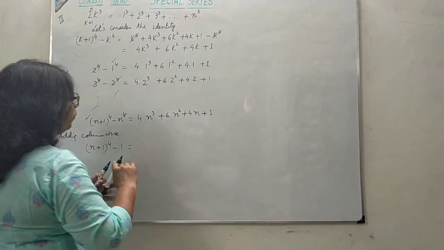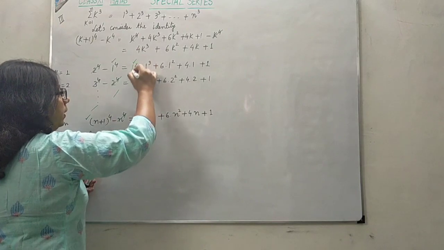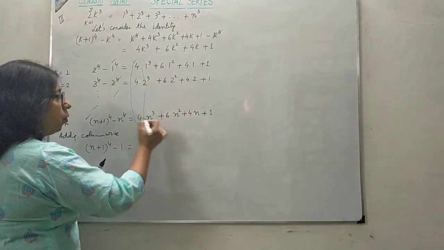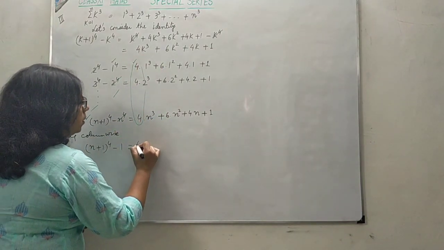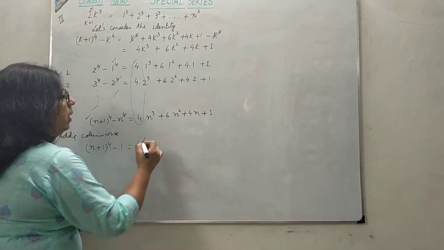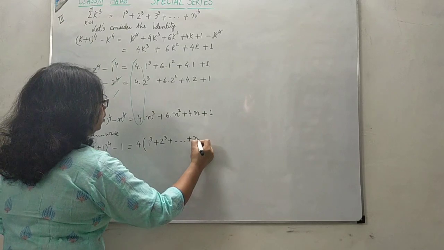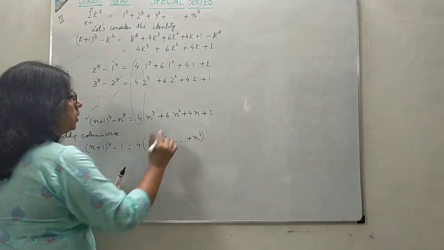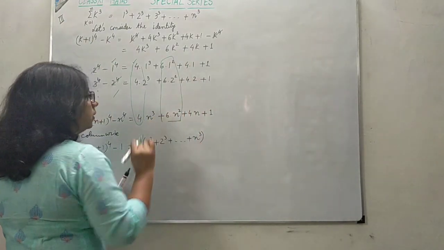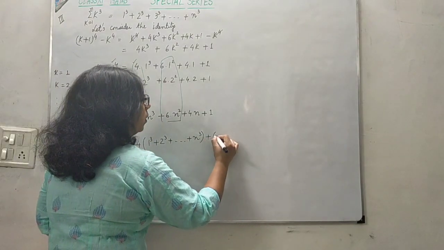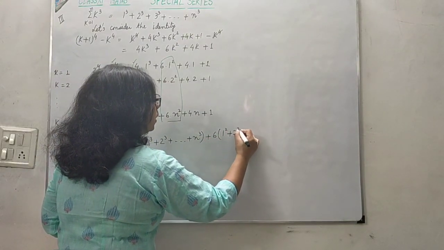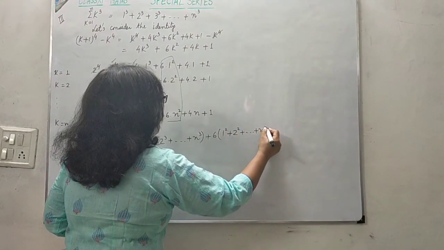And on the right side we can see this 4 is common in all, and we have all cubes, a pattern there. So if I take 4 common, this will become 1 cube plus 2 cube plus up till n cube. And in the next terms you can see, this is 6 into 1 square plus 2 square plus 3 square up till n square.